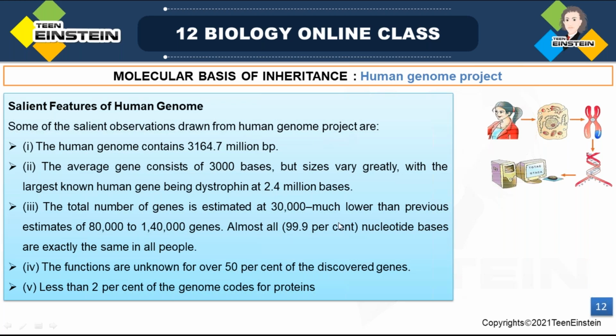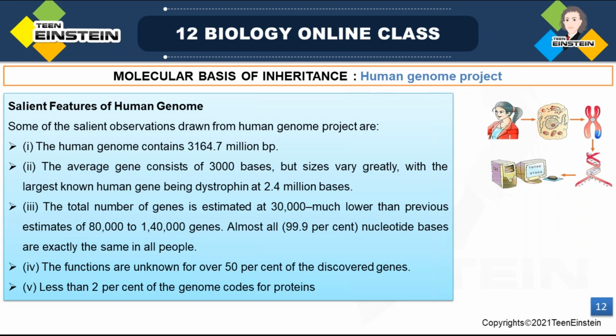So what are the important points? The human genome consists of 3 into 10 raised to 9 base pairs, and the average gene has around 3000 bases, but the size of genes varies, so the number of bases also varies. The largest gene of the human genome is dystrophin, which has around 2.4 million bases.